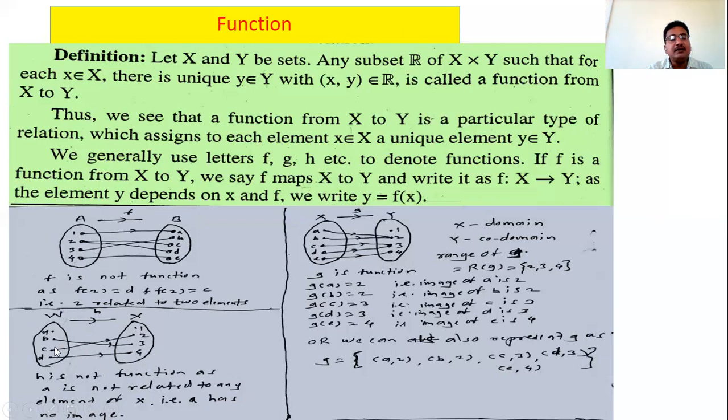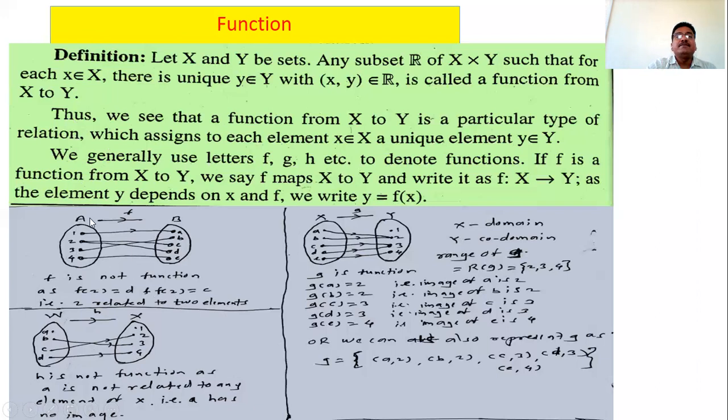But here the each condition fails. In this example, each condition fails because each element should be related to someone, but here A is the element in W which is not related to any element from this set X, and therefore the each condition fails.